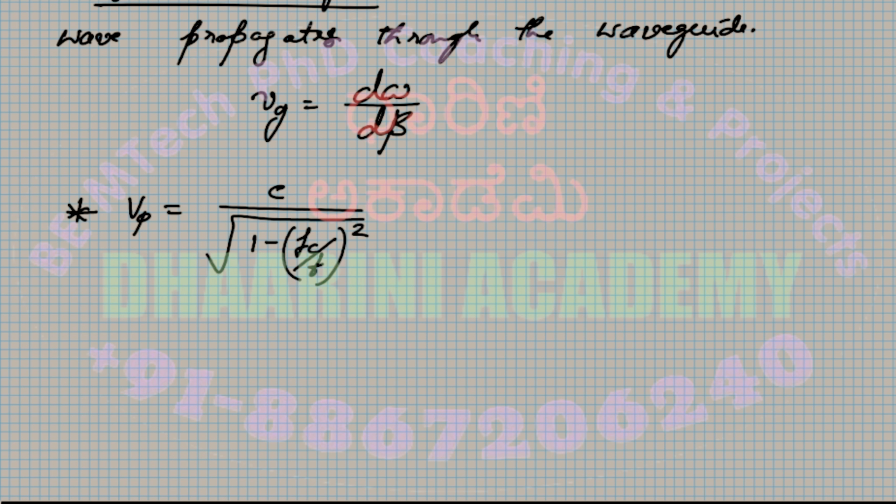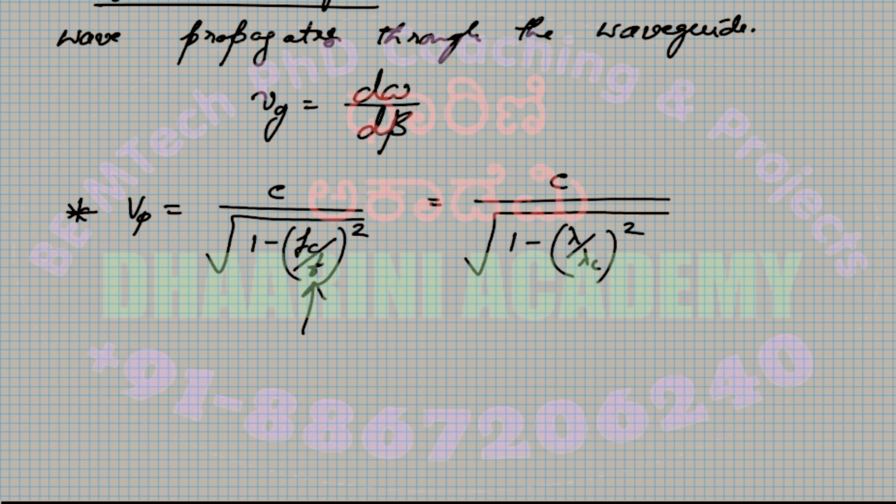Or, if I want to write it in terms of the lambda values, it is C divided by the square root of 1 minus (lambda divided by lambda C) the whole square. In the first equation, F represents the current frequency, the operating frequency of the wave. Fc is the cutoff frequency.